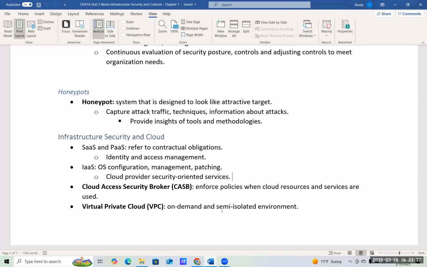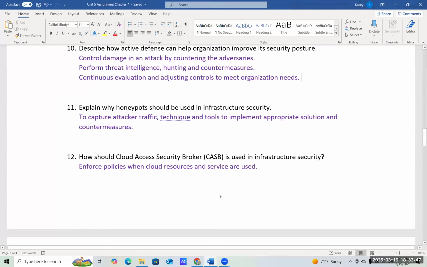Okay. So for 12, how should cloud access security broker is used in infrastructure security? It's used to enforce policy when cloud resources and services are used. So resources such as buckets, right? Storage, virtual machines, service, right?